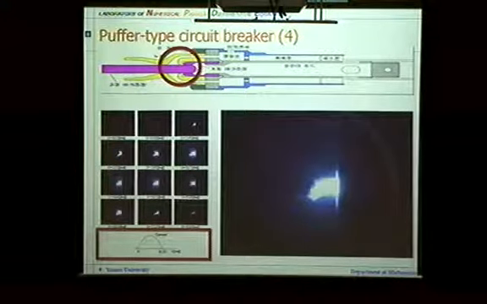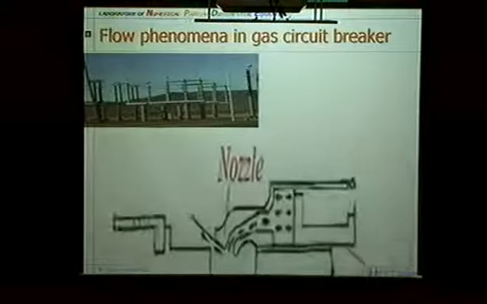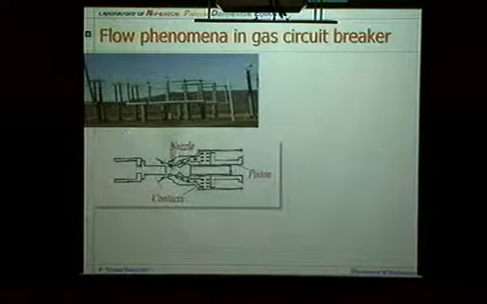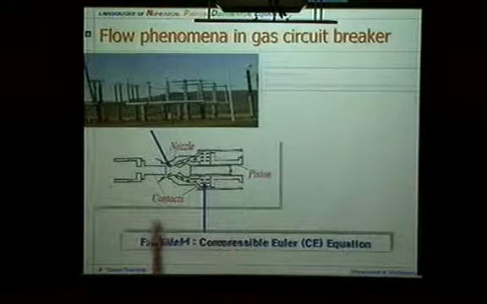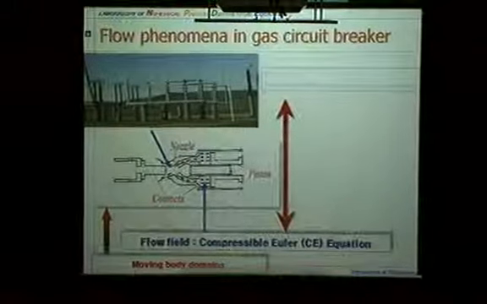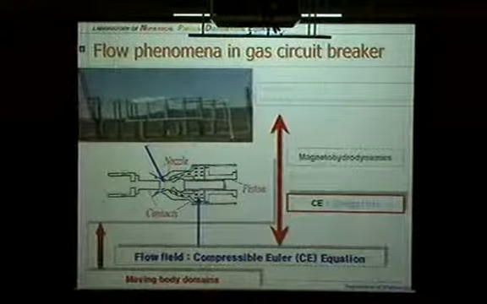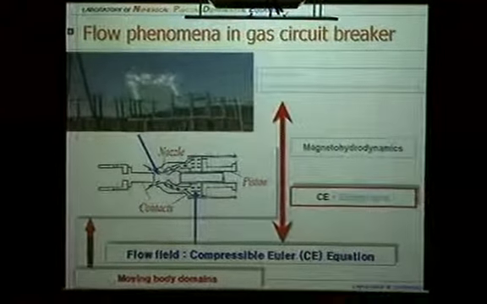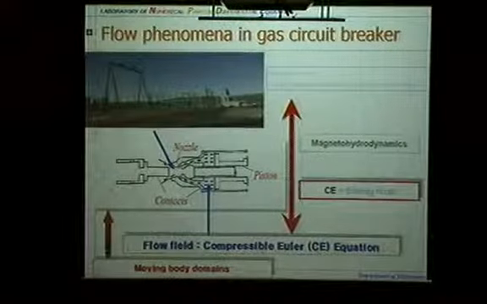But in this talk, we only give some fluid motions. So as before, the electric contact is moving left-hand side, gas is coming from here to here, okay? So the insulating gas is filling here.